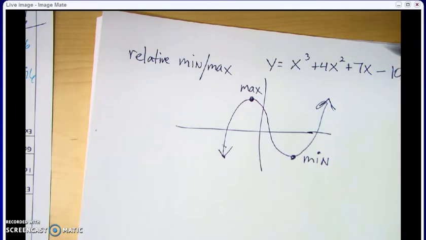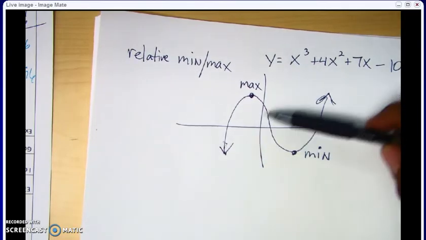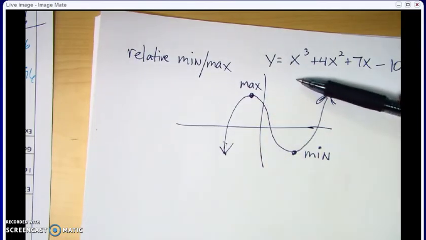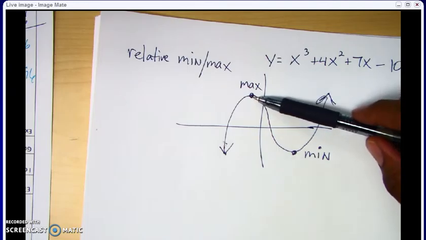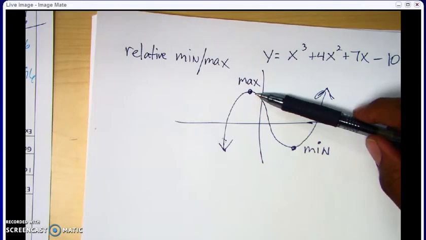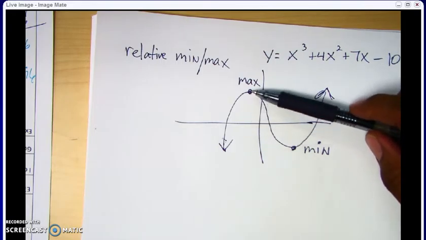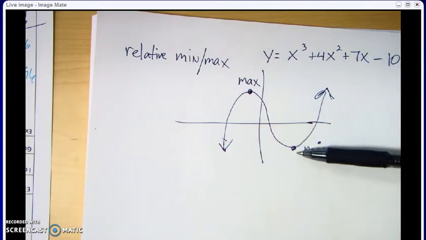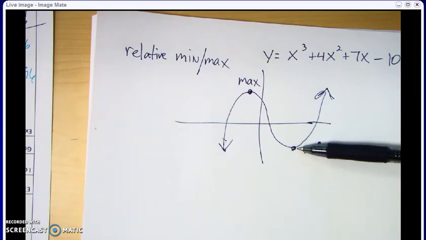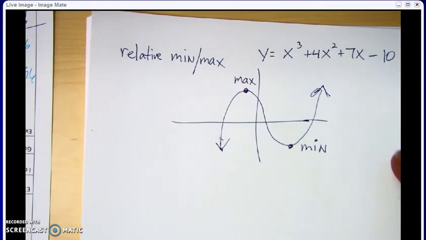What you want to do is look at the choices and see what x value is going to give you the highest y value, out of the choices. And then that's your maximum. Whatever x value gives you that highest y value right there, that's going to be your maximum. And same thing for the minimum. Plug in the x values, and whichever one gives you the lowest y value, that's going to be your minimum.